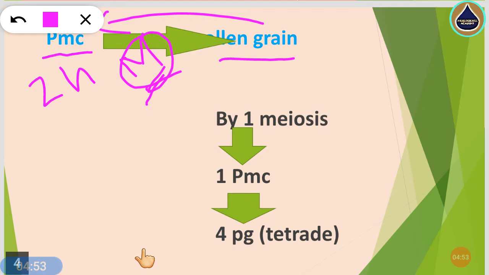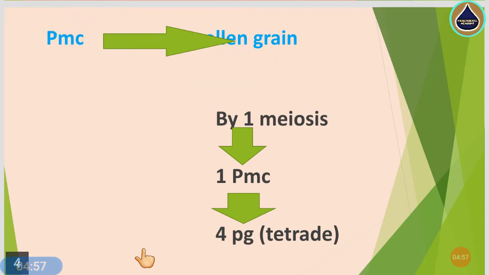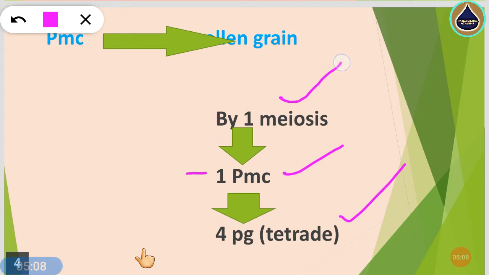Now we'll see the calculation for the pollen mother cell. One pollen mother cell, by one meiotic cell division, converts into 4 pollen grains. I hope you are understanding.